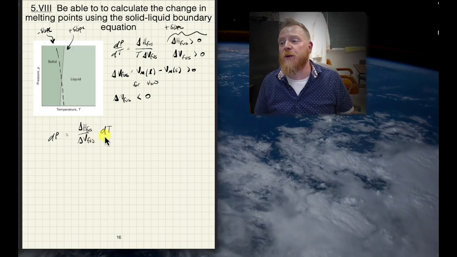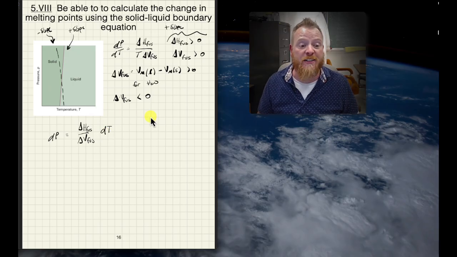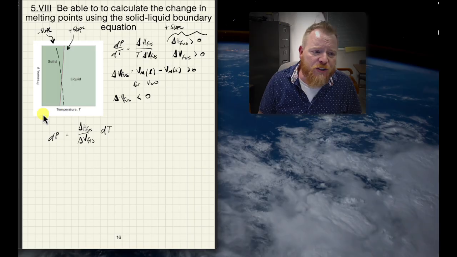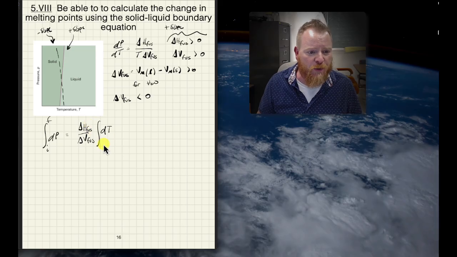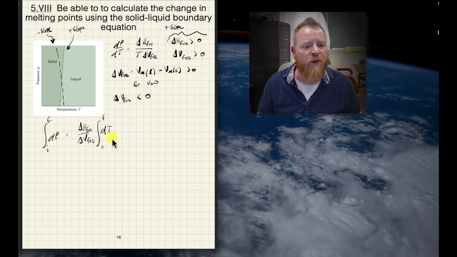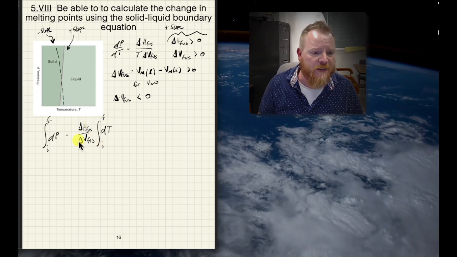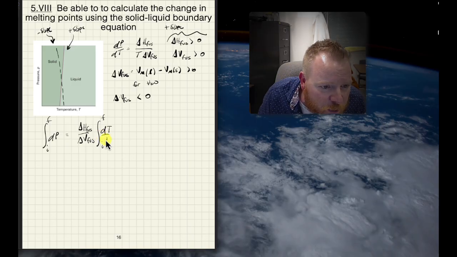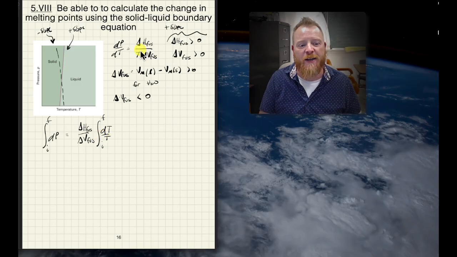And we'll assume for now that delta H and delta V are independent of temperature, which is a pretty reasonable assumption. So when we integrate this, we can keep those two things on the outside of the integrand, noting that they are constants. Sorry, there was supposed to be a T in there as well, divided by T.